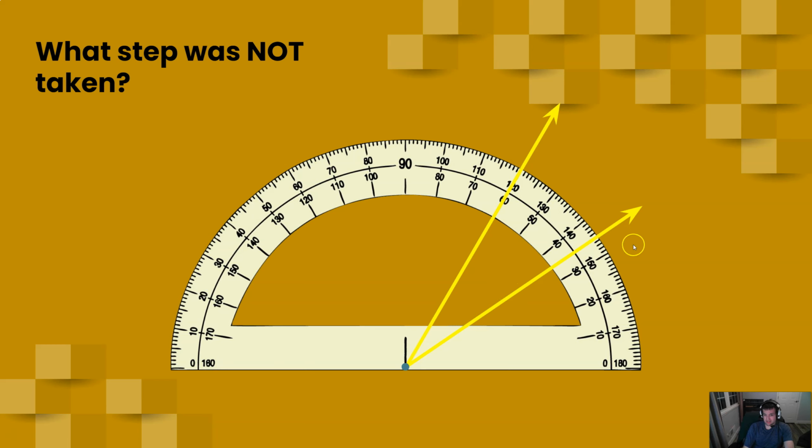But what's not good is that the bottom ray is not on the bottom of the protractor or in line with the 0 degrees. Not to say that you can't measure this, because you technically could. This is 10 degrees here, this is 10 degrees here, and this is 5 degrees here, so technically this is a 25 degree angle, but that's a little bit harder than I want to go today. But if you understand that, great, that's 25 degrees.